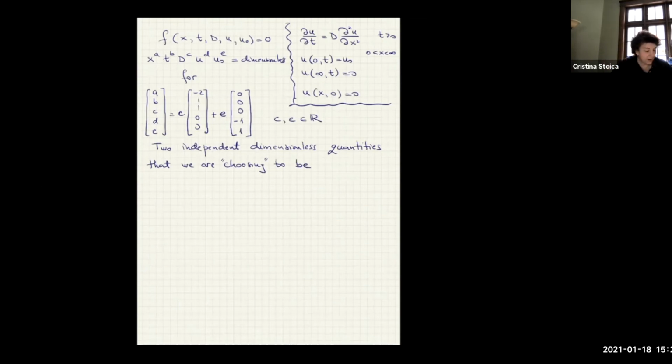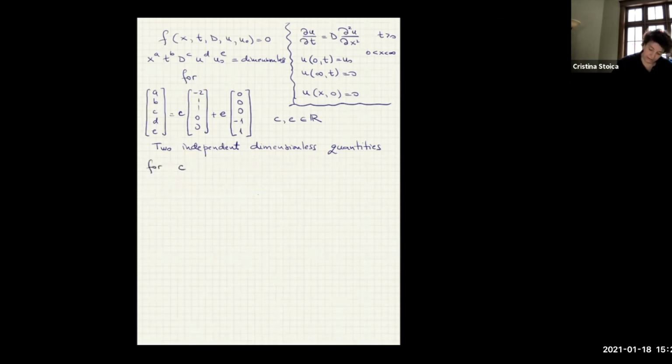For reasons to be revealed later, we're choosing C to be -1/2 and E is... no, we don't have to choose yet.